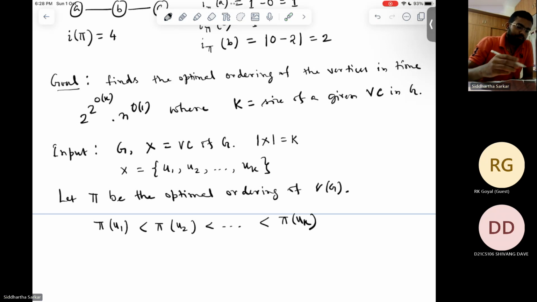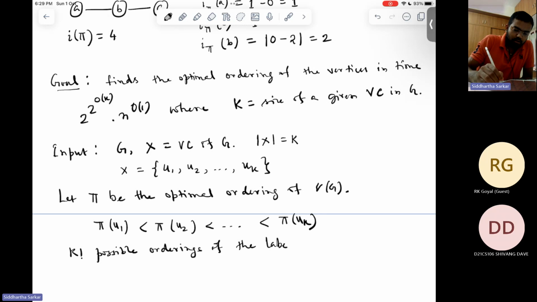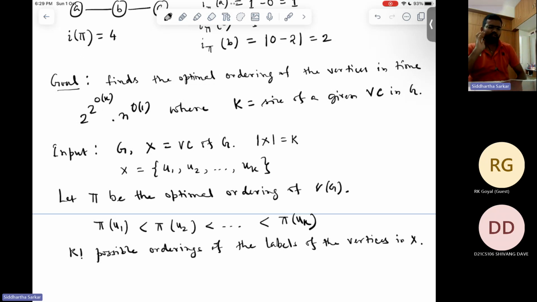Since there are k vertices in the vertex cover, there are k factorial possible orderings of the labels of the vertices in X. But k factorial is a constant for our purposes.